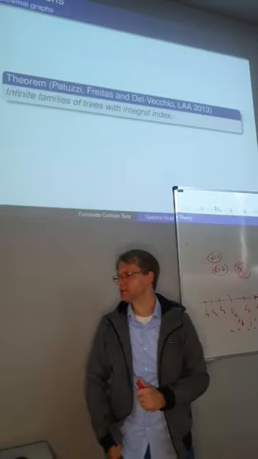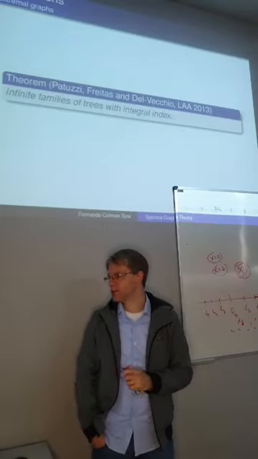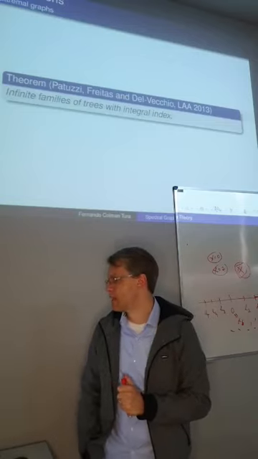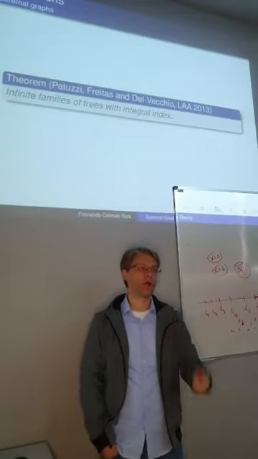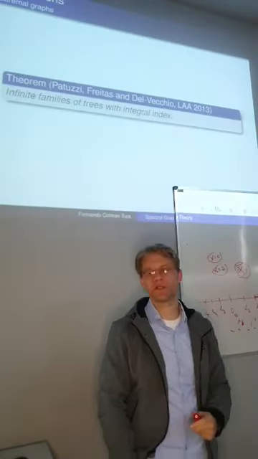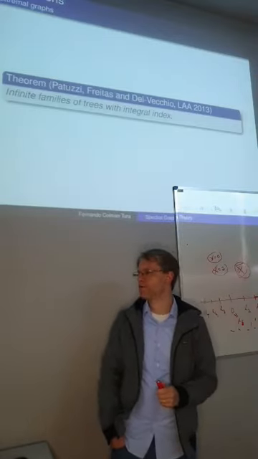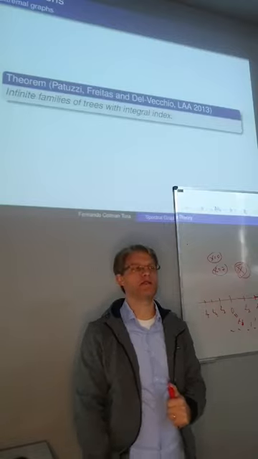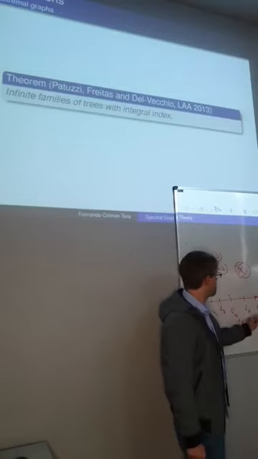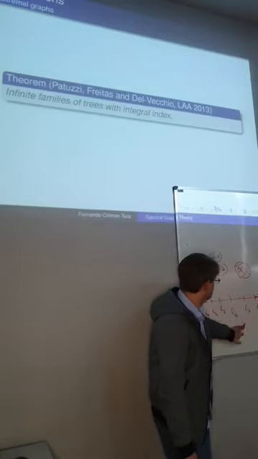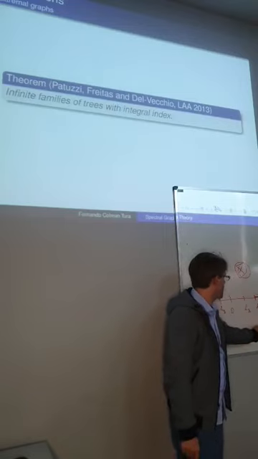Another application, extremal graphs. Pastore, Freitas, and Del Vecchio, in Linear Algebra and its Applications 2013, proved using the diagonalized algorithm for trees that there exist infinite families of trees with integral index. What does this mean? If you consider the eigenvalues of the graph, the largest eigenvalue is called the index.